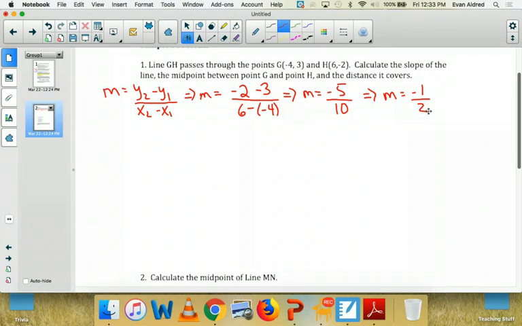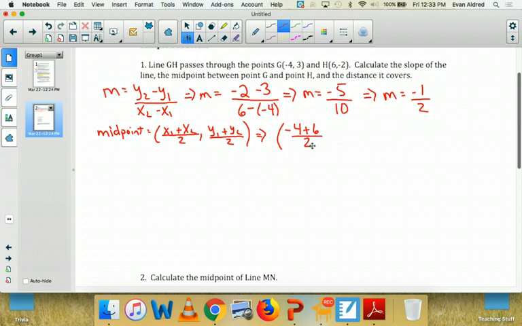Now we're asked to calculate midpoint and distance. This is where we introduce those new formulas. So midpoint, again, it's an average of your horizontal and your vertical coordinates. So when we're finding our midpoint, we're going to go negative 4 plus 6 divided by 2 for x, and 3 plus negative 2 divided by 2 for y.